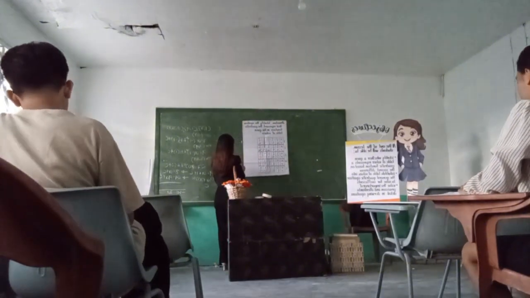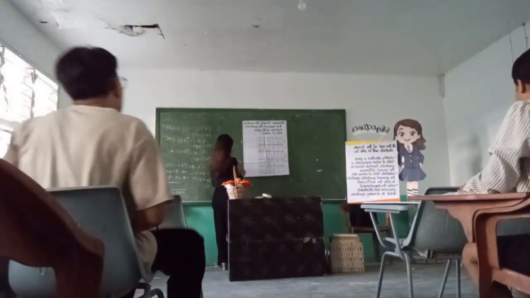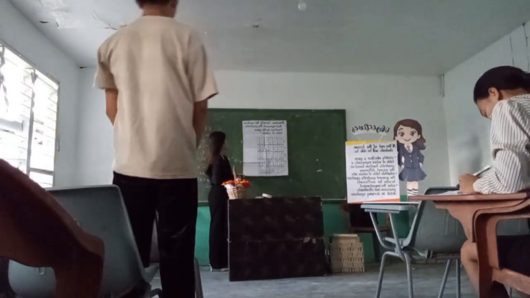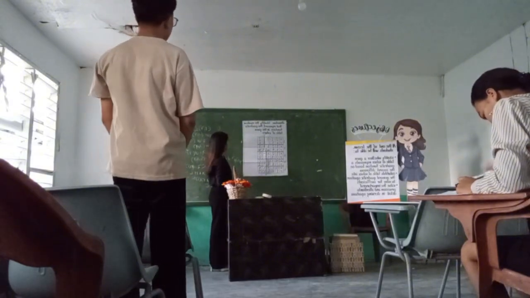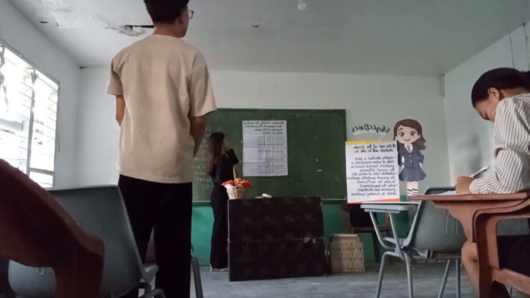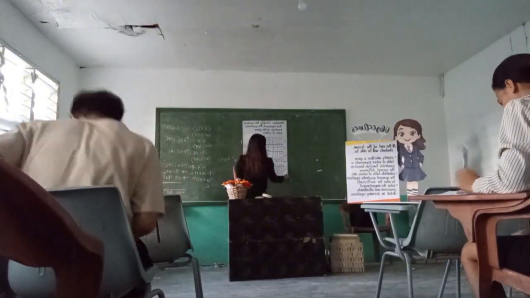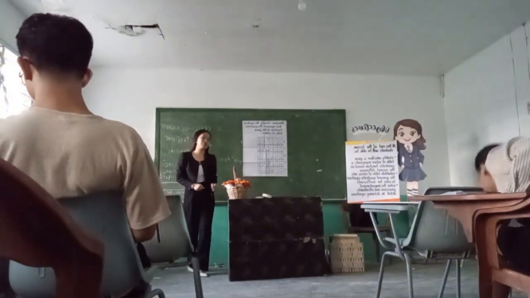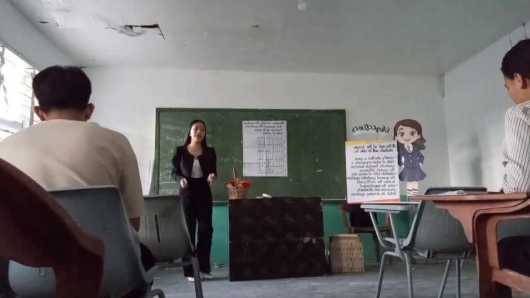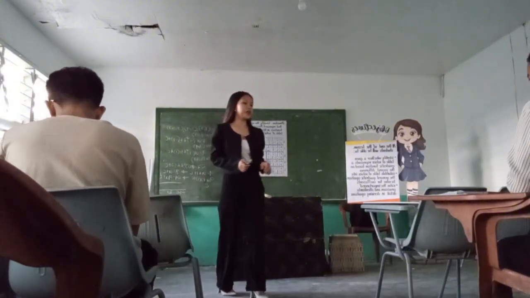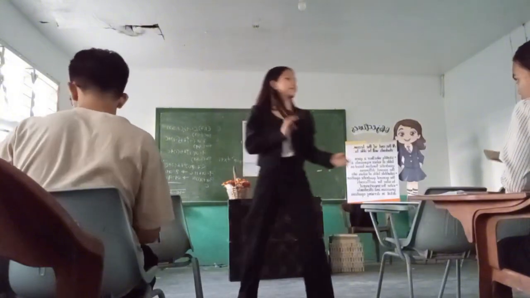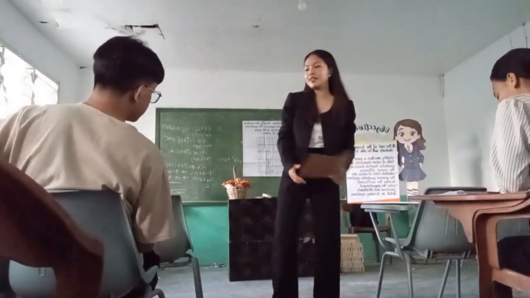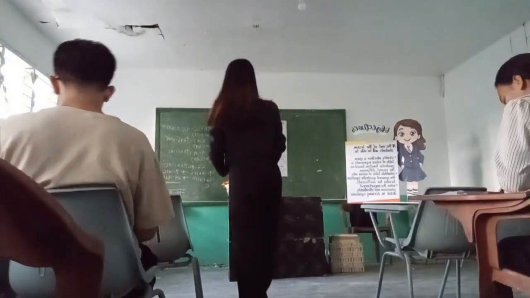Okay, Joshua, please read the direction. Direction: Identify the equation that represents the quadratic function in the given table of values. I will give you 10 minutes to solve. Okay, pens up. Please pass your paper. Okay, thank you.